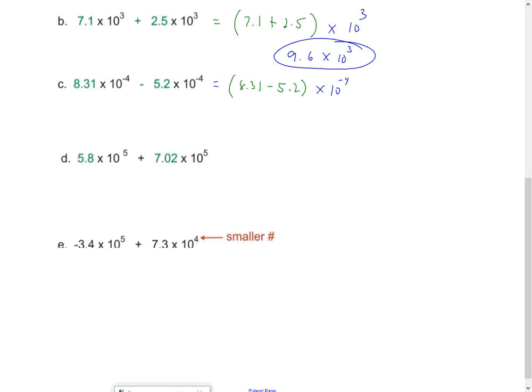As long as they match, that's going to be the power of 10 part. Now, after Thursday, when you get your calculator, you would just punch in 8.31 minus 5.2. You don't have your calculator yet, but can anybody do that in their head? 8.31 minus 5.2. Colby? It is 3.11 and not 3.1. I agree.